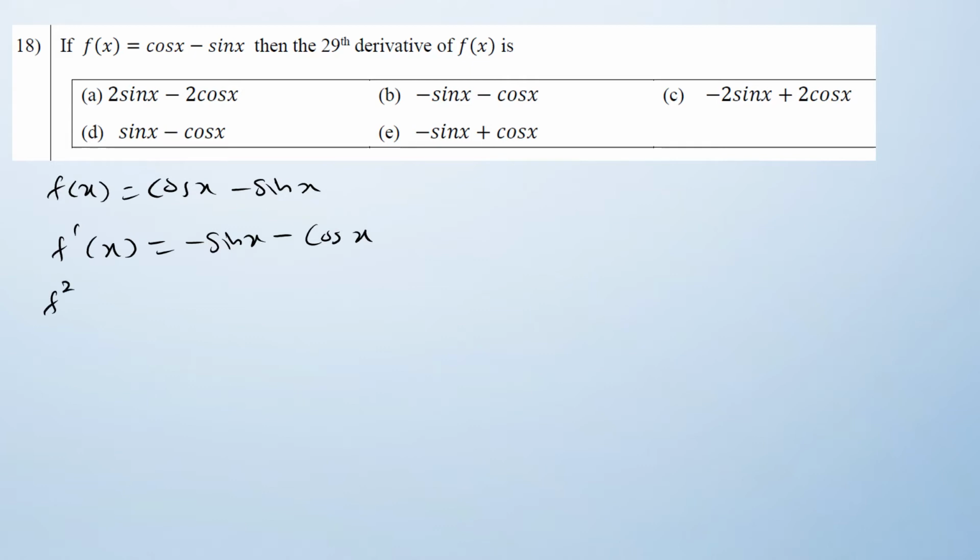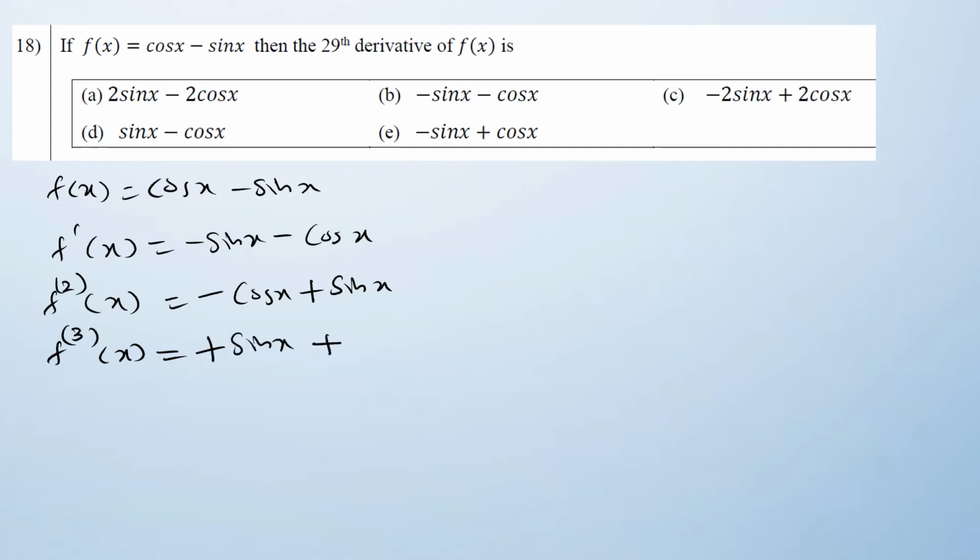When you find the second derivative, what we have is minus the derivative of sin x, that is cos x, minus the derivative of cos x, that is minus sin x, so it will be plus. Third derivative of f(x): minus sin x has derivative cos x, minus sin x, with this minus we have plus sin x, plus the derivative of sin x, which is cos x.